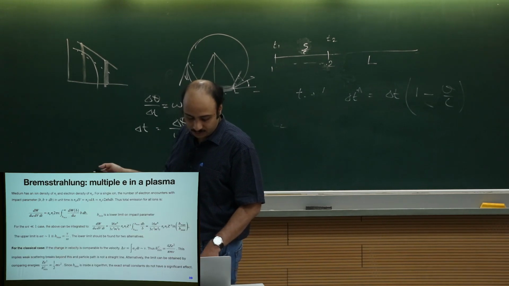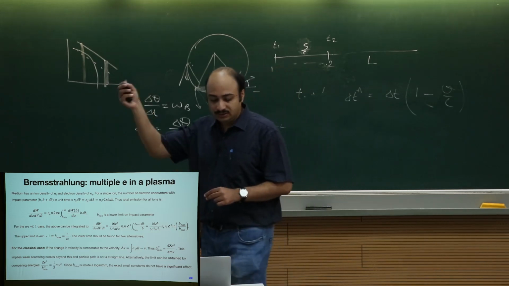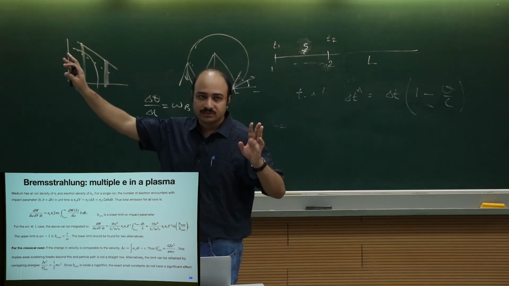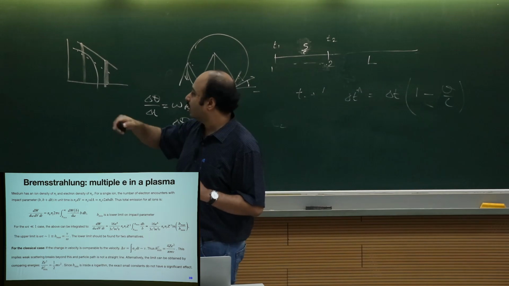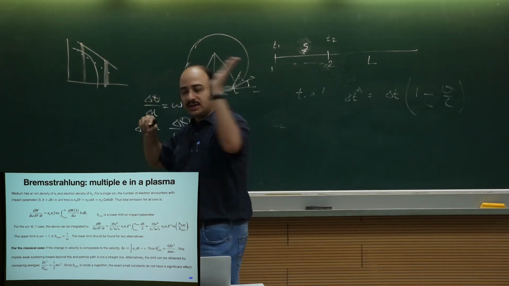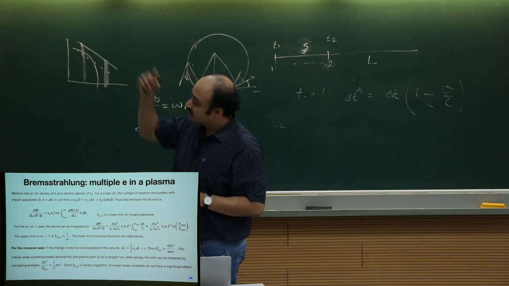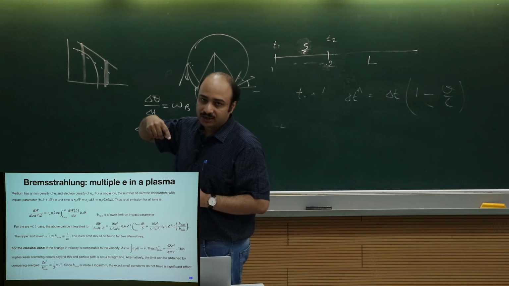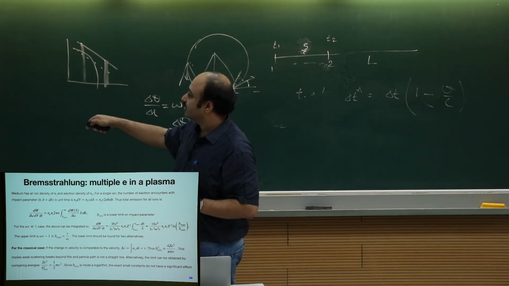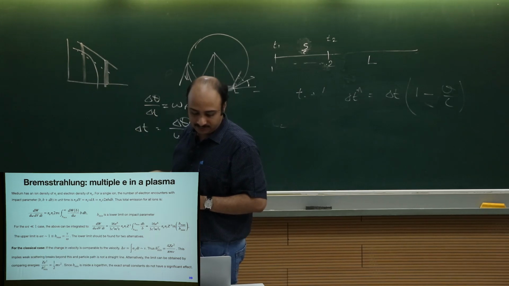What we do next is we assume that there is an ion and a sea of electrons, all passing in the same direction, impinging on the ion. In concentric circles around the ion, we can find the total number of electrons that are experiencing the interaction from the ion.